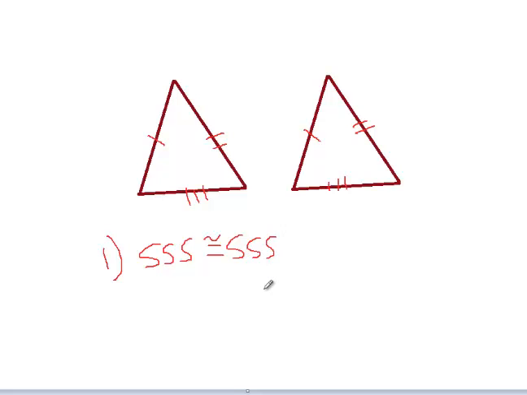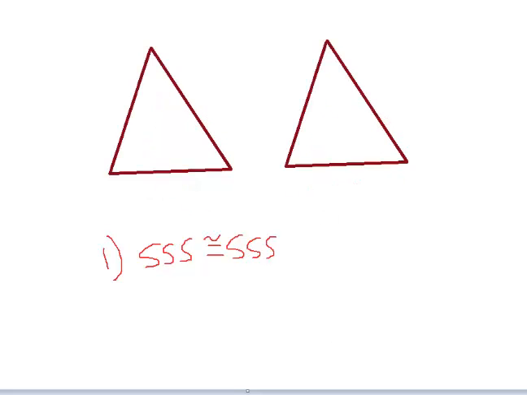Okay, that's the first possibility, if all the sides are equal to each other. What if all the sides are not equal to each other? Or I should say, you can't prove right away that all sides are equal to each other. There are some other possibilities. The first possibility is that you have 2 sides and the angle in between them. So for example, if this is equal to this, and this is equal to this, and this angle is equal to this angle, the 2 triangles have to be congruent.